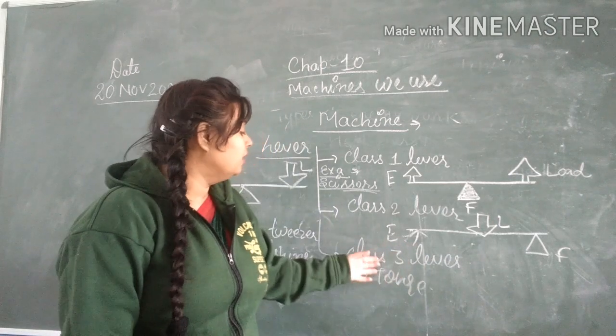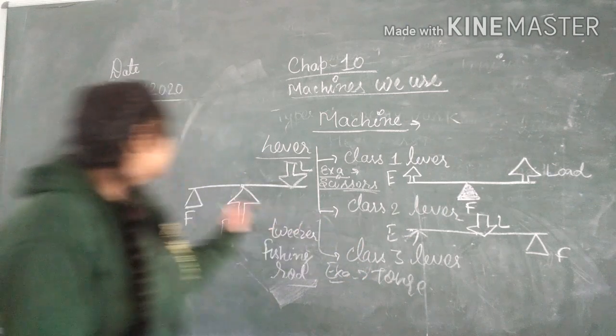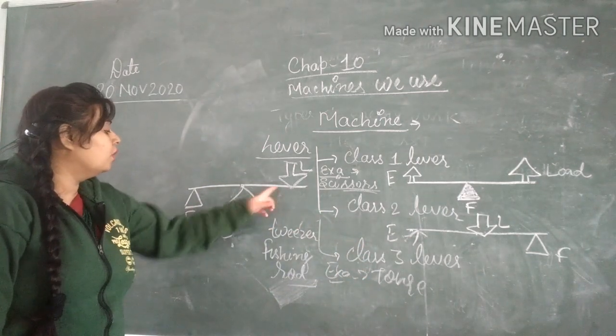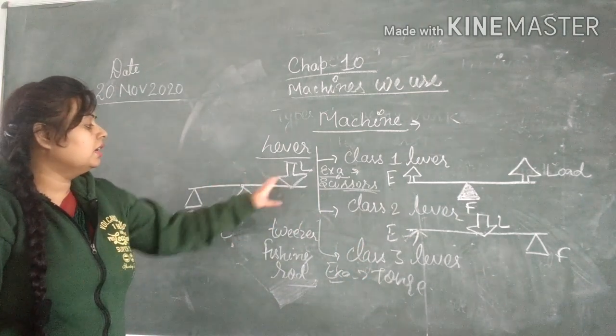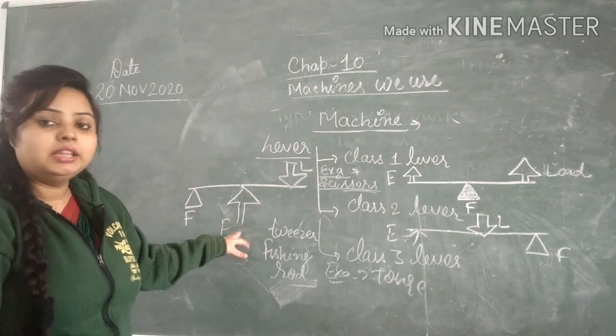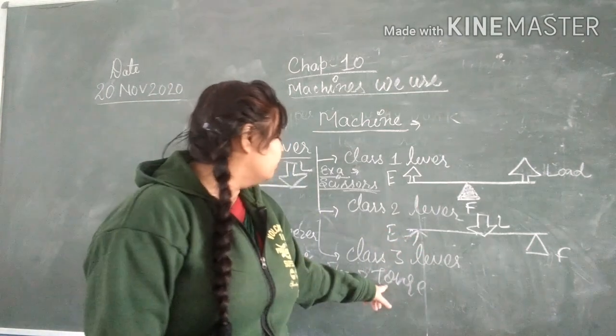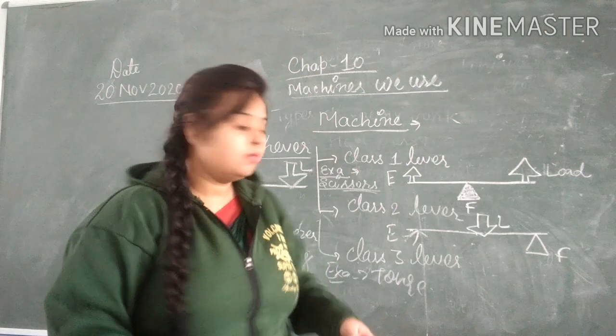In a class 3 lever, the fulcrum and load are on either side and the effort is in between, and examples are tongs and tweezers.